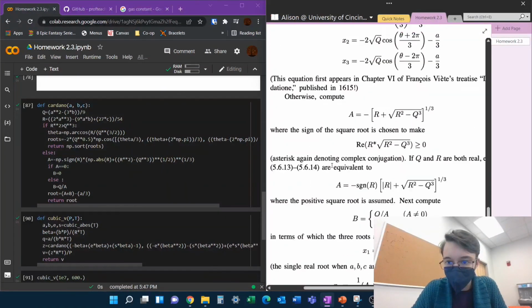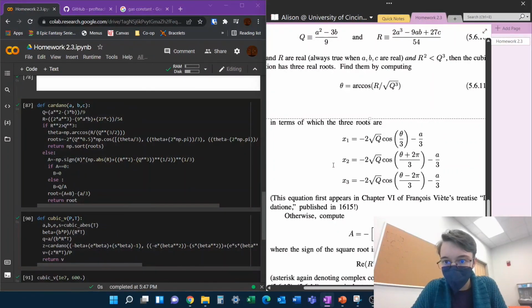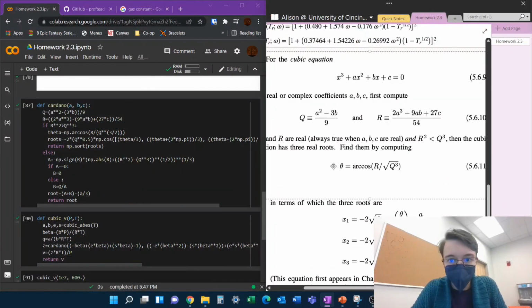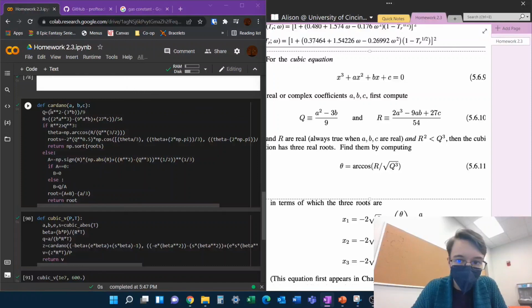Alright, so let's see here. So we've got Q is equal to A squared minus 3B over 9. Yep, R is 2 times A cubed minus 9 times A times B plus 27 times C over 54.